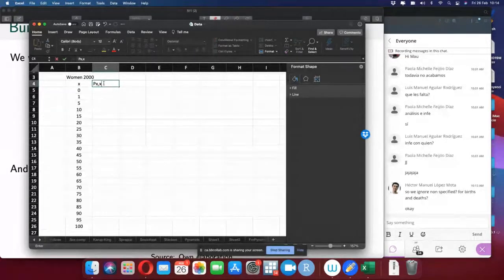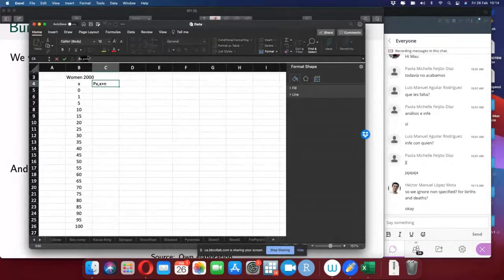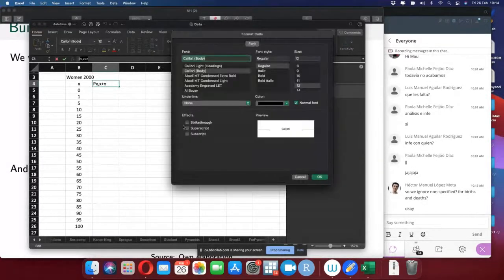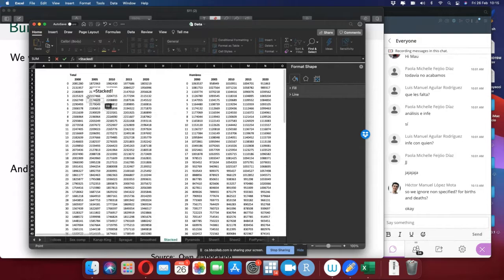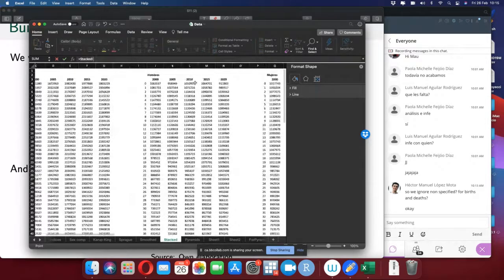Then population between ages X and X plus N. Okay, so this is the population that, again, you should have. I have my individual age population, working with women, 2000.